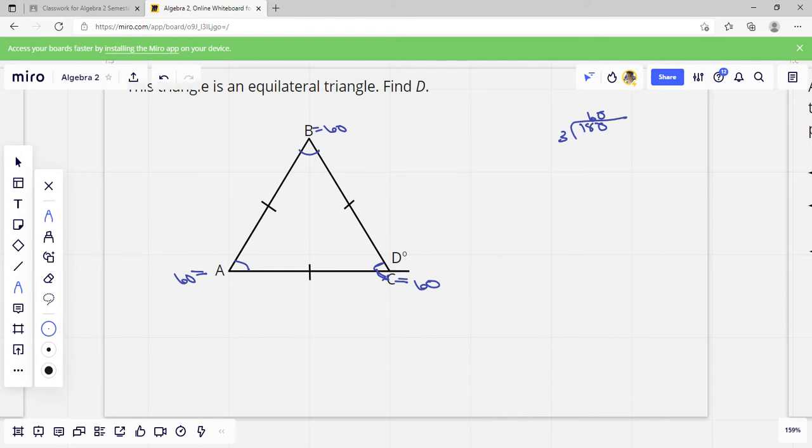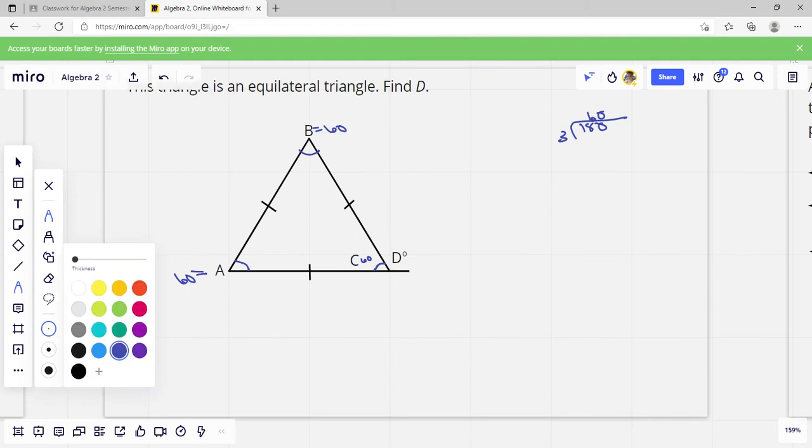Okay. Well, we know this whole part right here would be 180, right? So I've got too much stuff going on down here. Let me try to clean that up a little bit. There we go. Okay, so this part is C, and that's 60. And then all the way straight across would be 180.